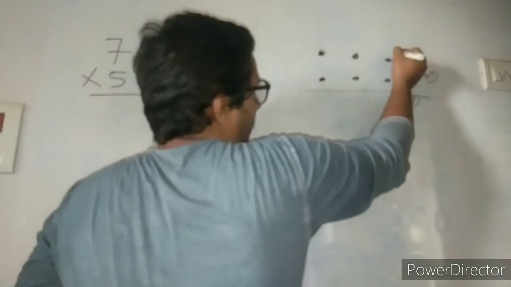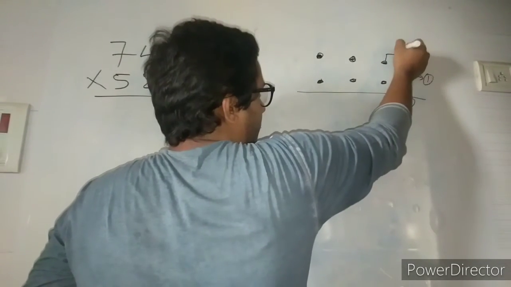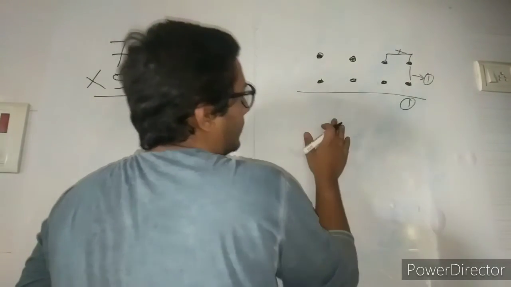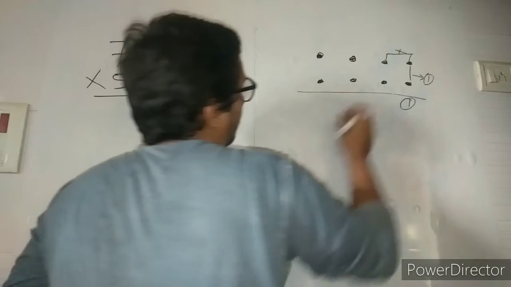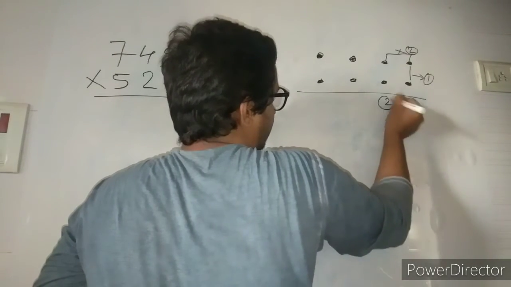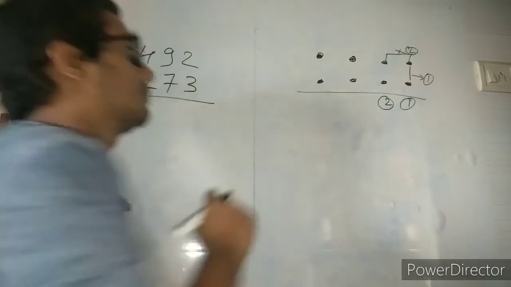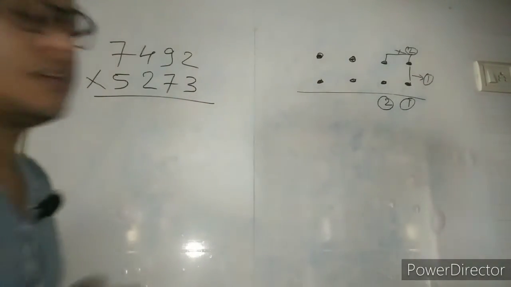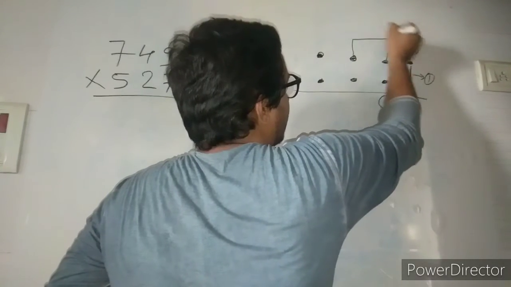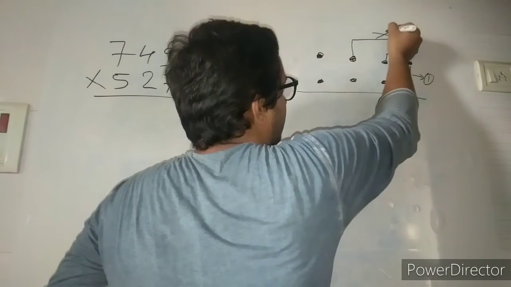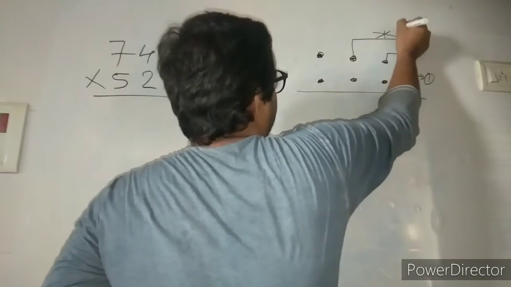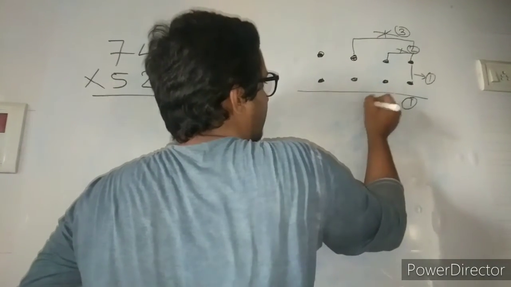Second step, cross multiplication with these four numbers and addition. This is your second step, and write here. Third step, again cross multiplication and straight multiplication and addition. This is your third step, and write here.